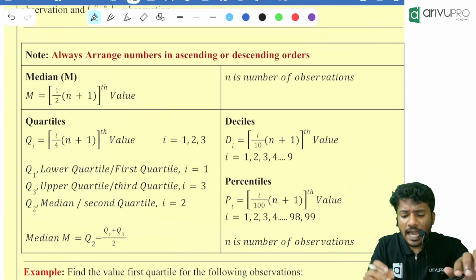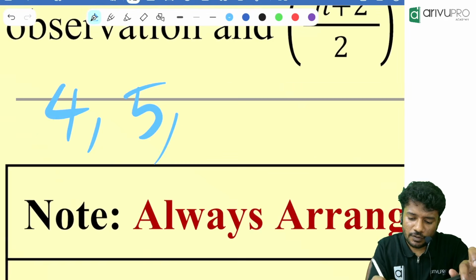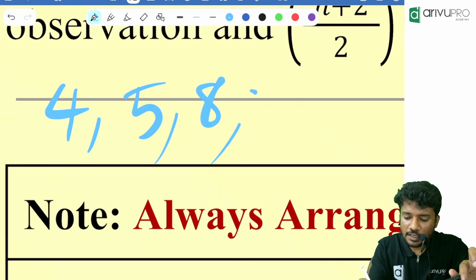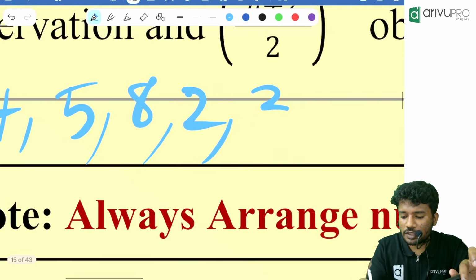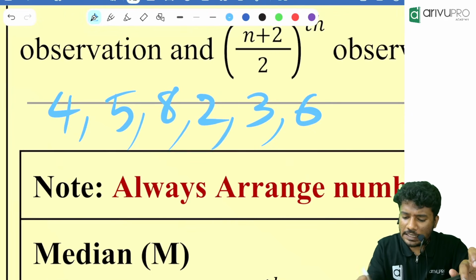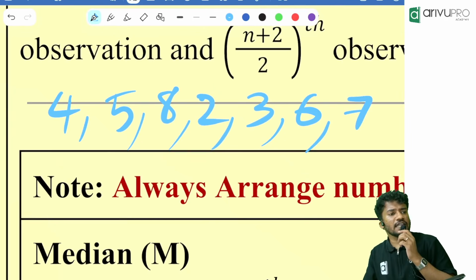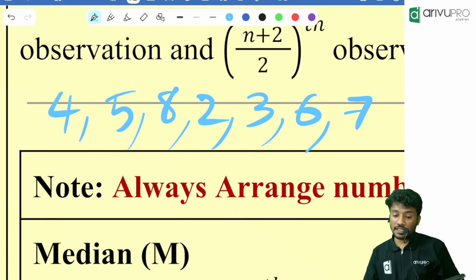Before that, I want to give you a question: 4, 5, 9, 8, 2, 3, 6, 7. I want you to find the median of the given data set. What is the median of the given data set?